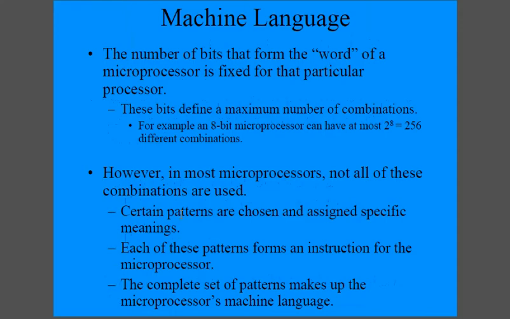Okay, so different types of microprocessors have a different number of data bits. For example, the 8085A processor that we use, which is an Intel microprocessor chip, uses 8 bits of data line, which means that they can have 2 to the power of 8, which is 256 different combinations of instructions or opcodes.